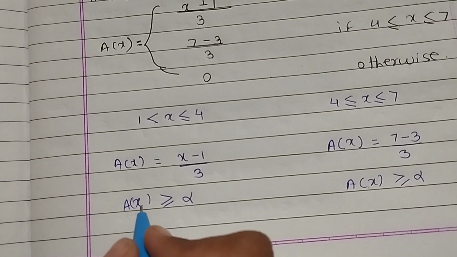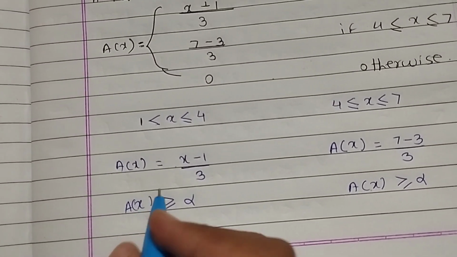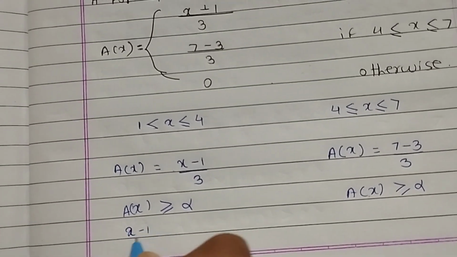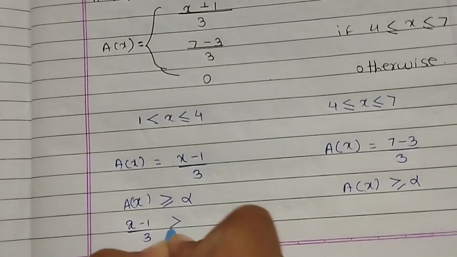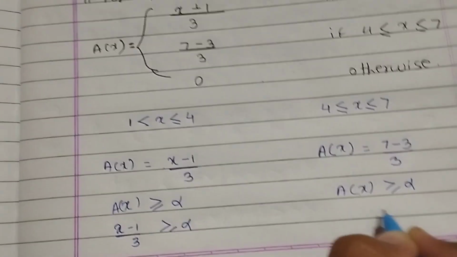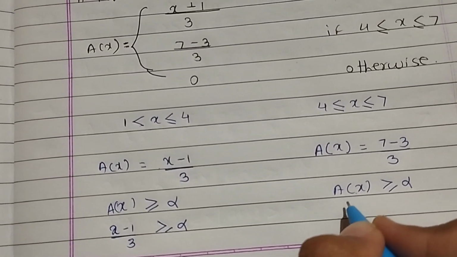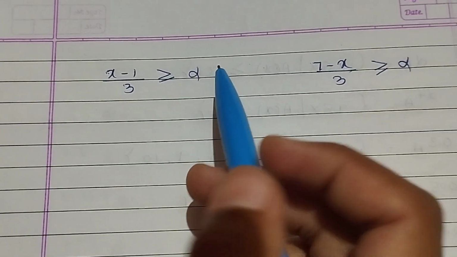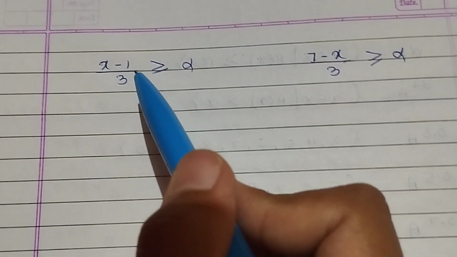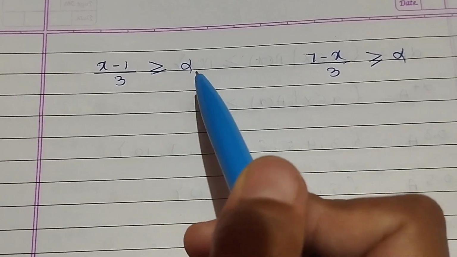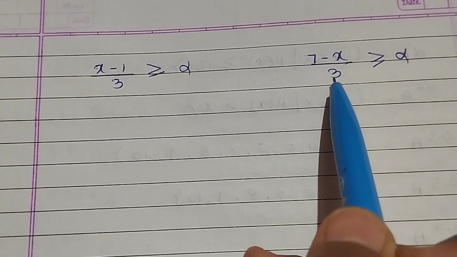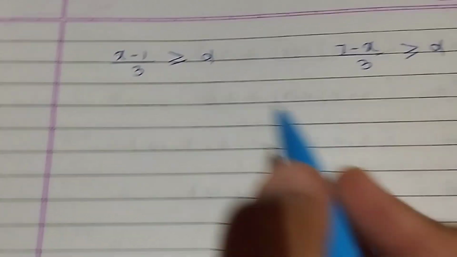So what is our A of x? Here (x minus 1) divided by 3 is greater than or equal to alpha. Again, A of x for the second condition. So we now have two conditions: (x minus 1) divided by 3 greater than or equal to alpha, and the second inequality is (7 minus x) divided by 3 greater than or equal to alpha.